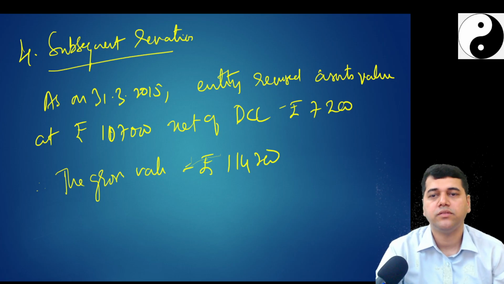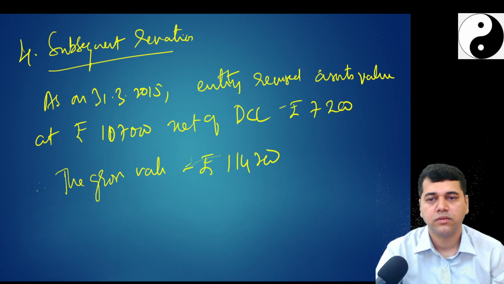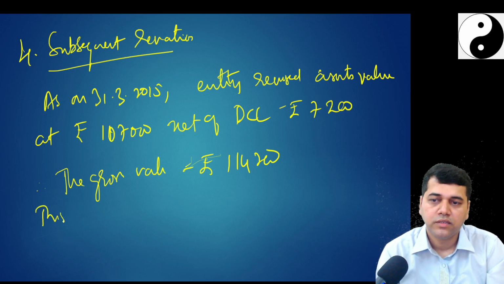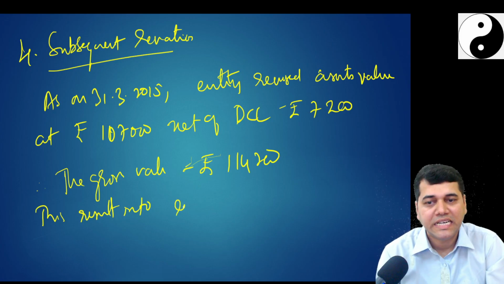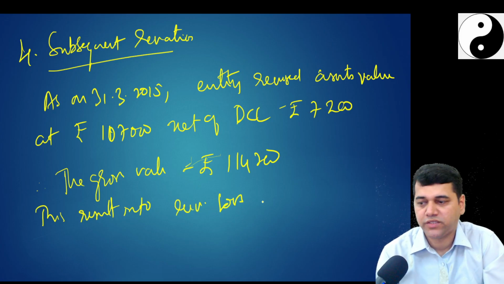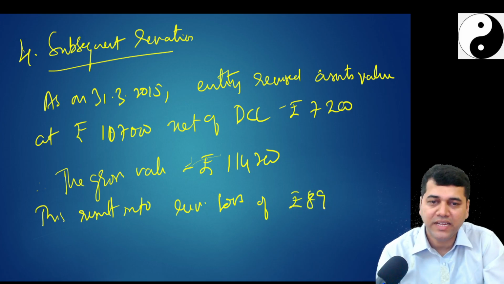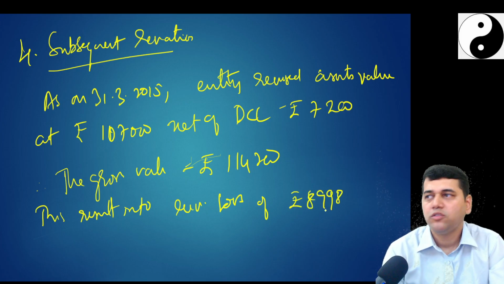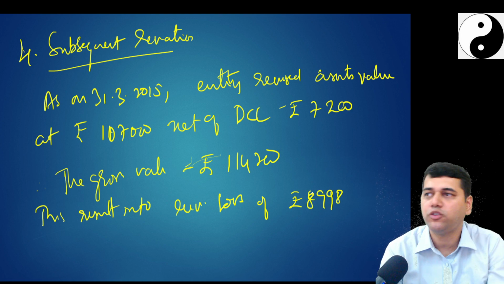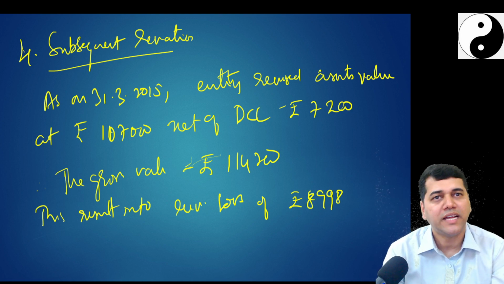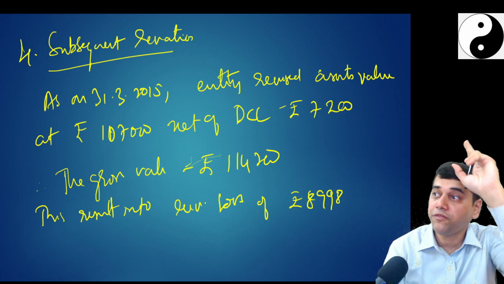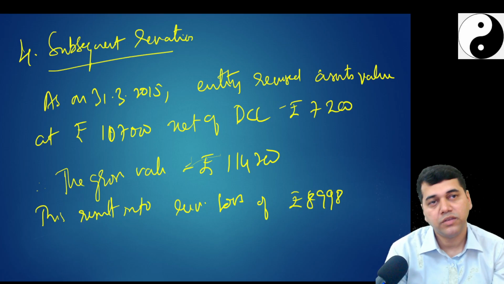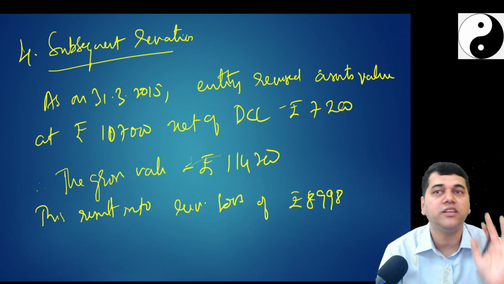Now what happens? Revaluation loss or gain? This results in a revaluation loss of rupees 8,998. Look at the first working. In fact, what we are trying to do here is explain the first working, starting not from the beginning but from the reduction in the decommissioning liability.